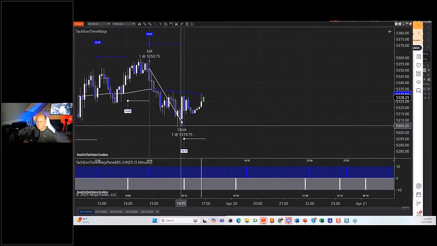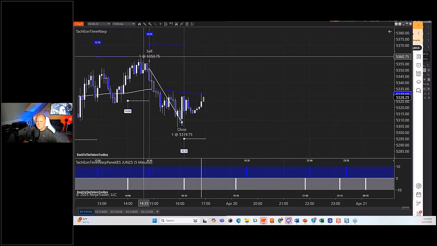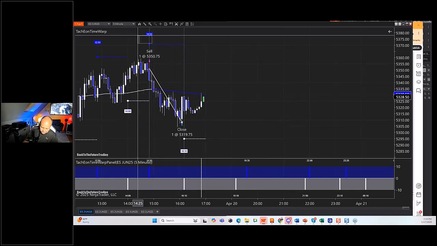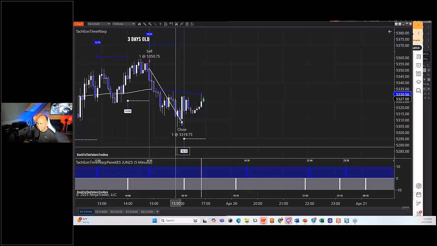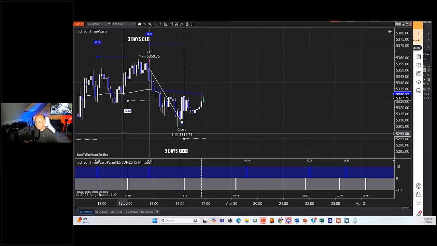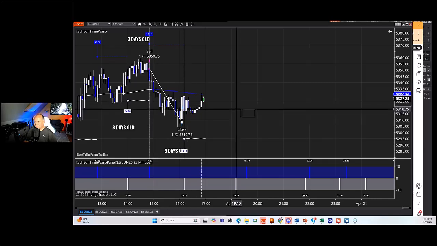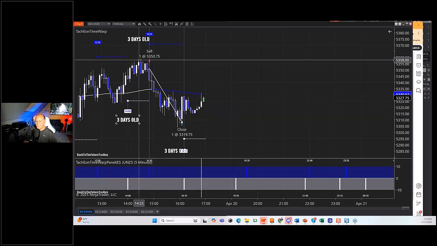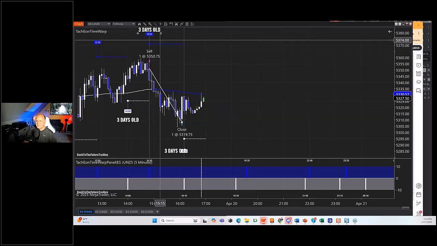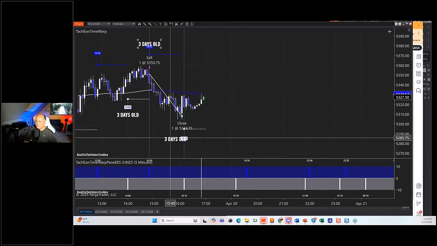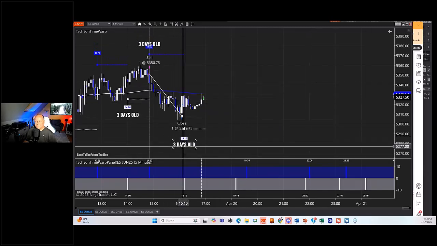There it is. This signal was 3 days old. This signal is 3 days old. This one was 3 days old. There was no way for me to fake it. There was no sleight of hand. It didn't print 5 bars later.